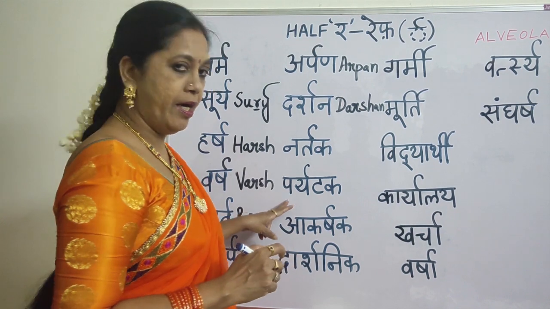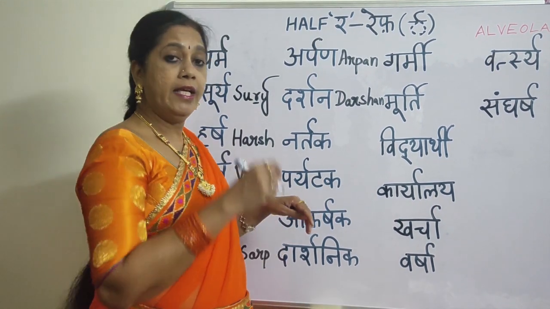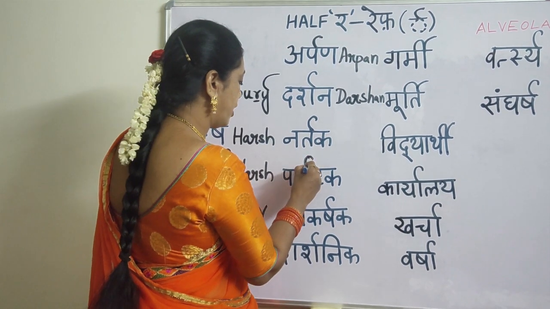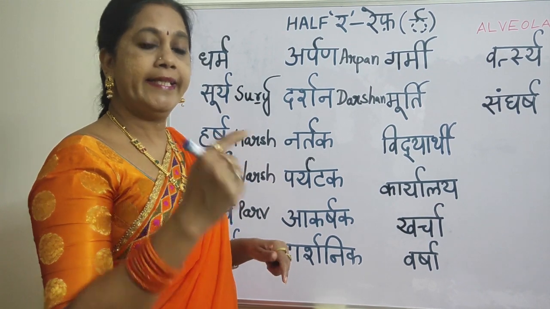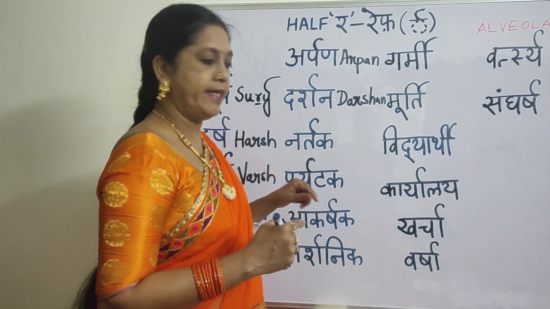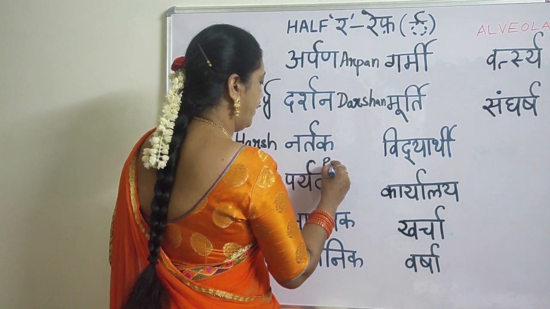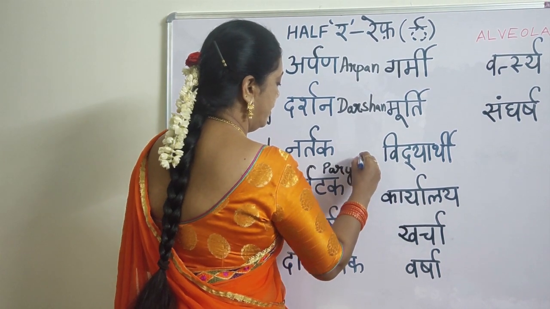The next one is pa, ir, ya, ta, ka. Here it is ir sound. Here there is the ir matra. That is the ref is there. So it is paryatak. Okay. You see here. Pa, par. Then ya.